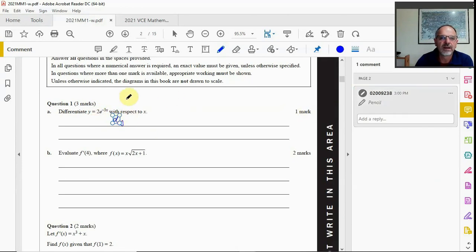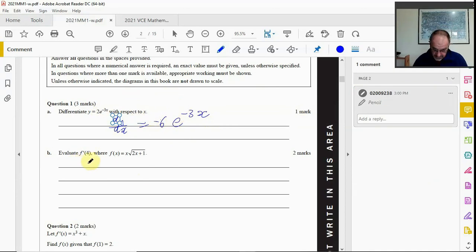So dy/dx equals, and this is just simply e to the kx. We bring our k down, negative 3 comes down, we've got a 2 already there. So negative 3 times the 2 that's there is negative 6e to the minus 3x. All right, so simply that's all we need to do.